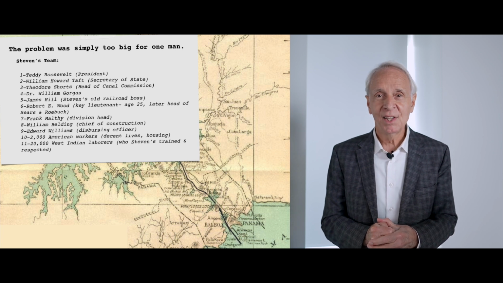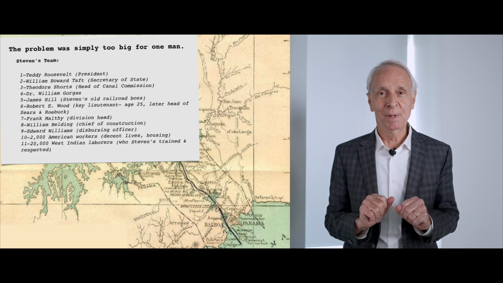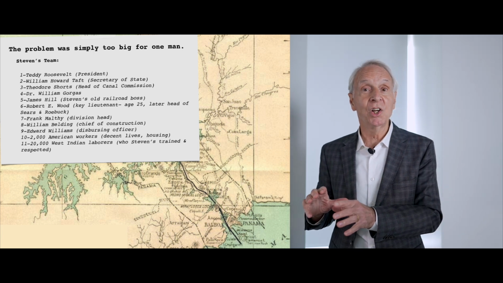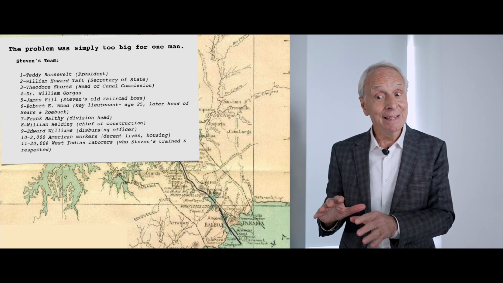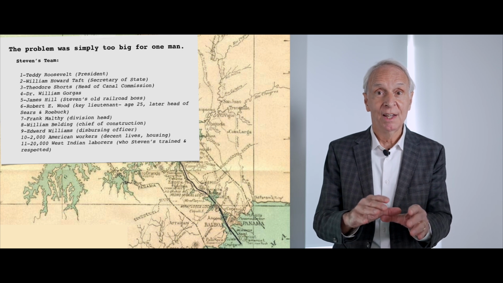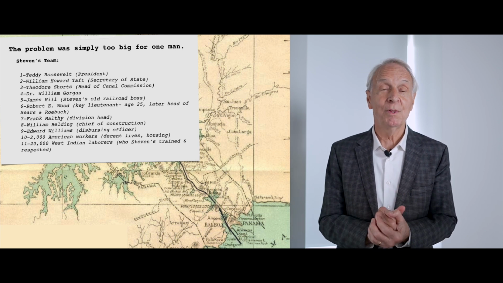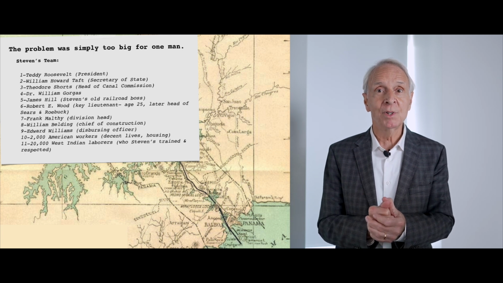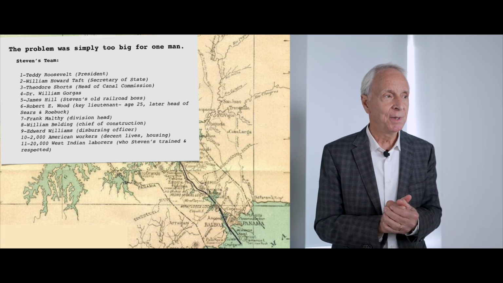No. Taft said, that's some other team member's job. I'm going to bring on the Secretary of State, and he's going to negotiate with Colombia. In the end, Panama became a separate country, and then they negotiated with Panama. All of that was orchestrated largely by William Howard Taft. Very important part of the team.